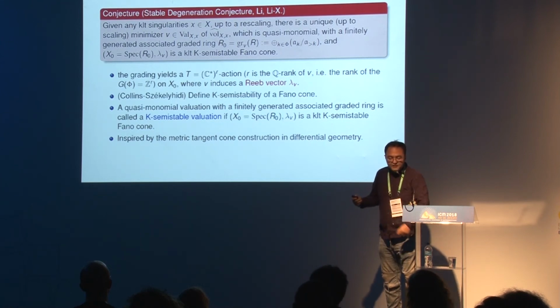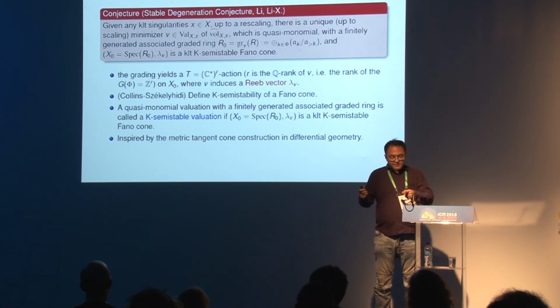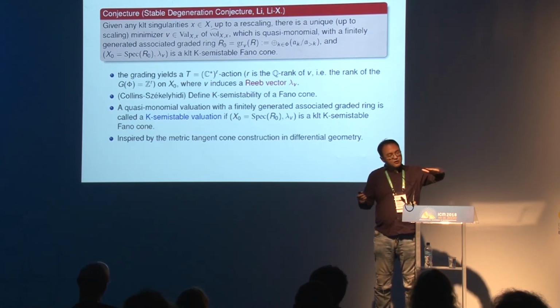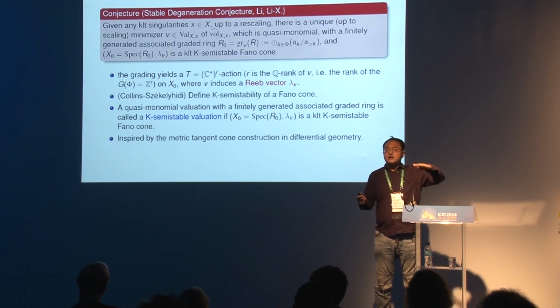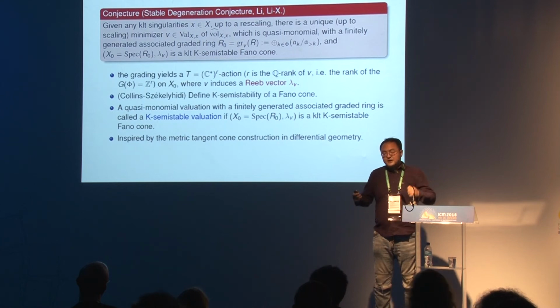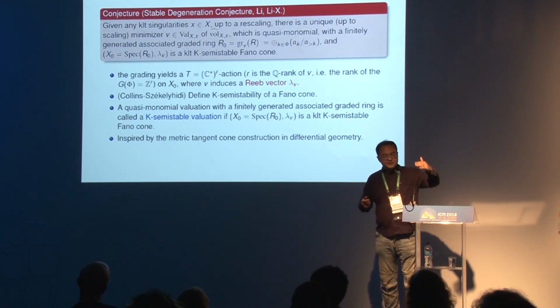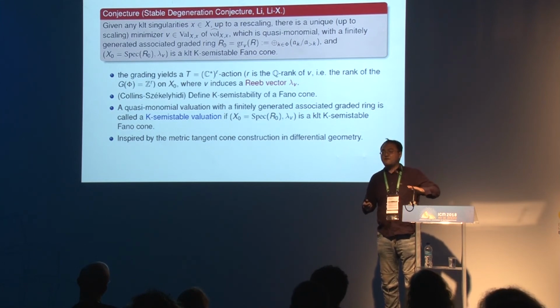If lambda V is a rational vector, then it will generate a C star action. If you take the quotient of the singularity by this C star action, you precisely get a log Fano pair. And then the K-stability of the log Fano cone is the same as the K-semistability of the base, the log Fano variety.